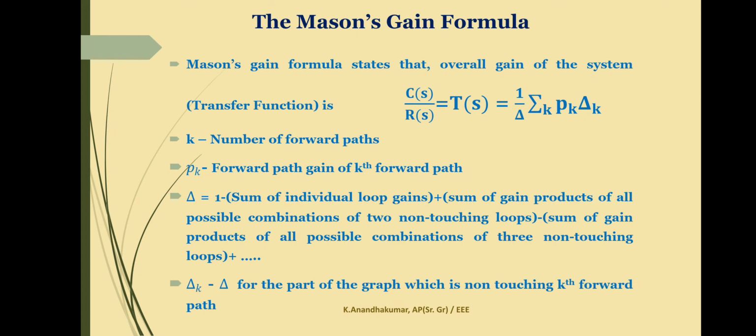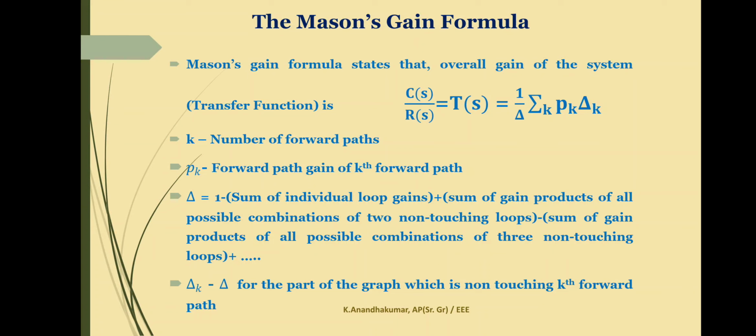And delta k is the delta for the part of the graph which is non-touching with the kth forward path. I will explain delta k while we are solving a problem. While taking a forward path, some part of the graph may be non-touching with that forward path.